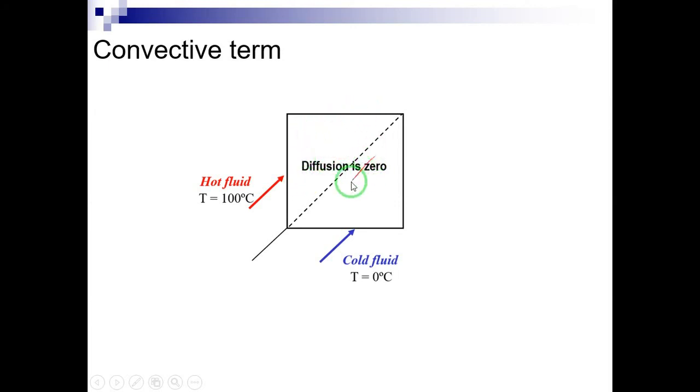However, below the diagonal, the temperature is 0 degrees Celsius. Ideally, the temperature has to be exactly 100 degrees Celsius everywhere above the diagonal and exactly 0 degrees Celsius everywhere below the diagonal. But let's see the performance of each scheme.